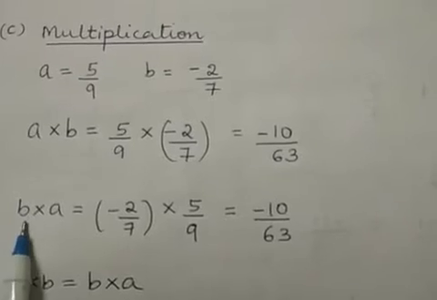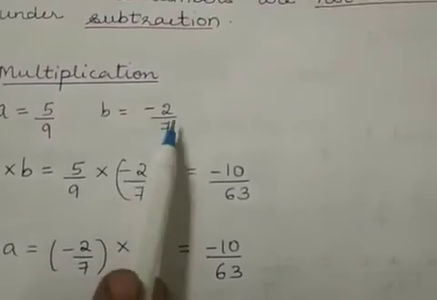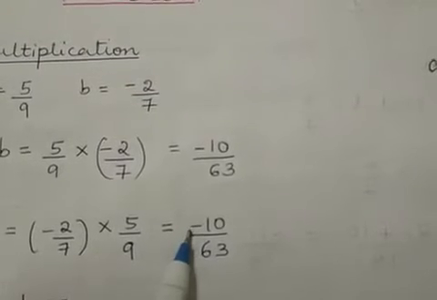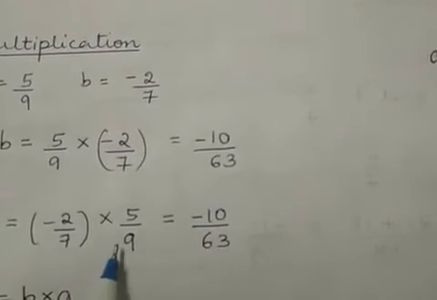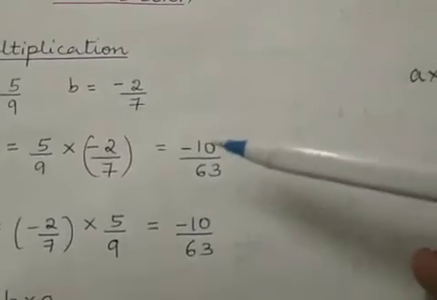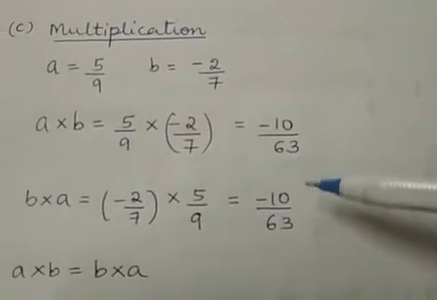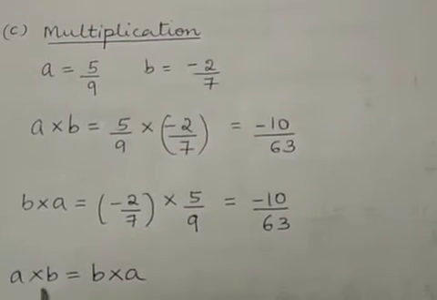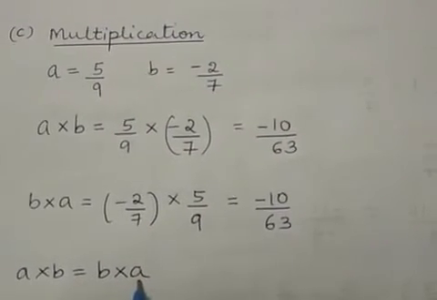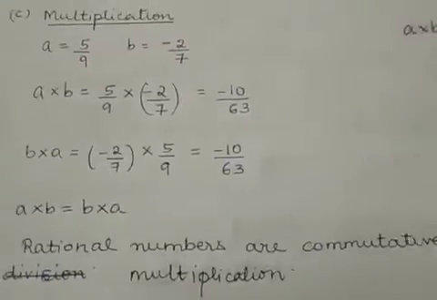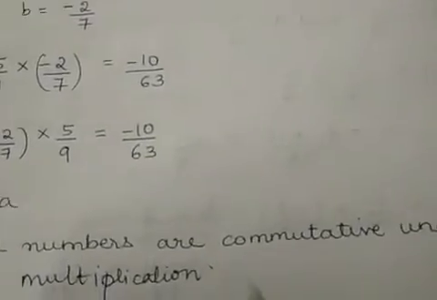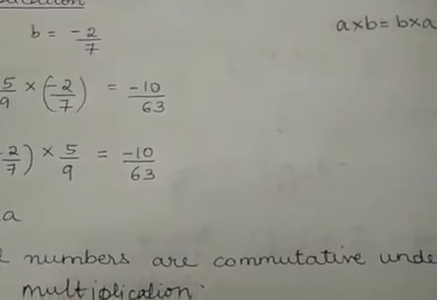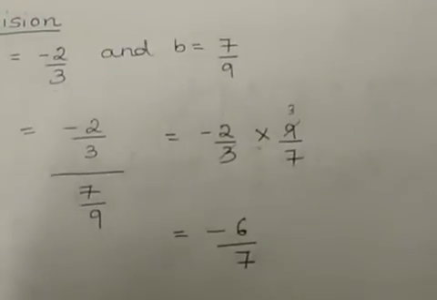When I multiply b into a, I get minus 2 upon 7 multiplied by 5 upon 9, which is equal to minus 10 upon 63. So a into b is equal to b into a. That means the commutativity property holds true for rational numbers under multiplication. So rational numbers are commutative under multiplication.